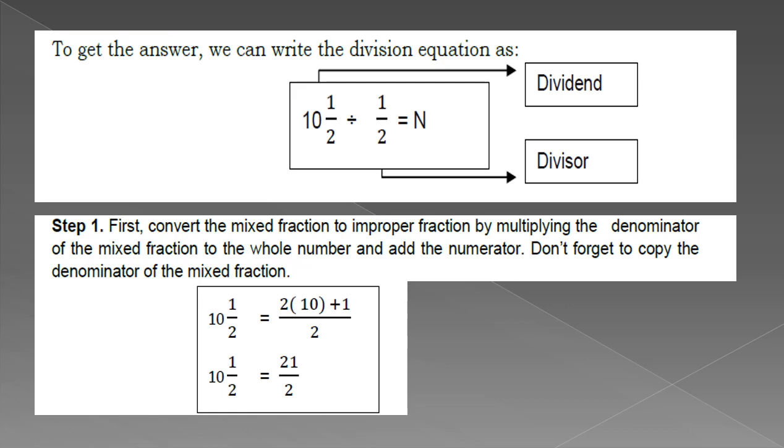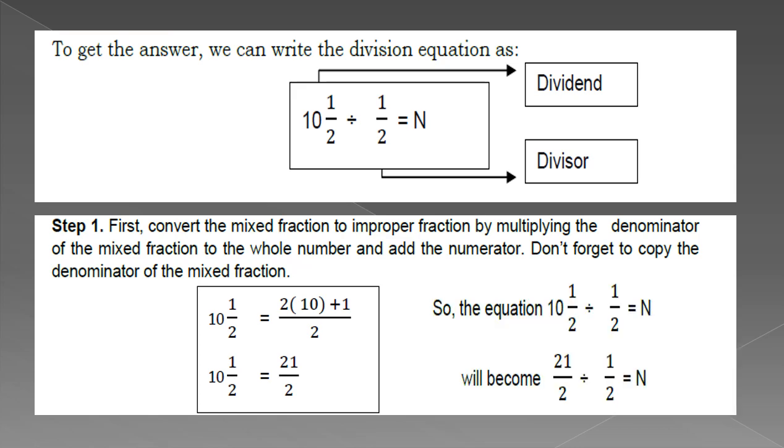And then we copy the denominator, which is 2. So it would become 21 over 2 or 21 halves. So the equation 10 and 1/2 divided by 1/2 equals n will become 21 over 2 or 21 halves divided by 1/2 equals n.